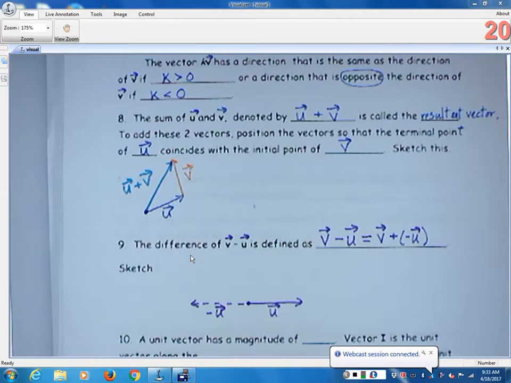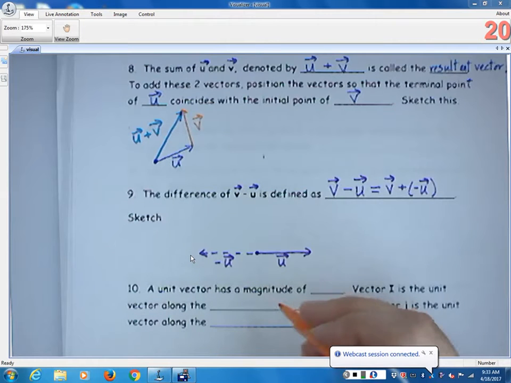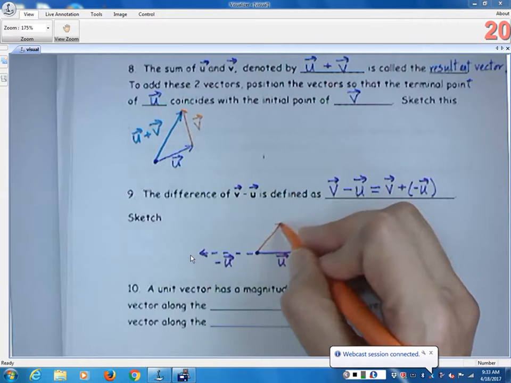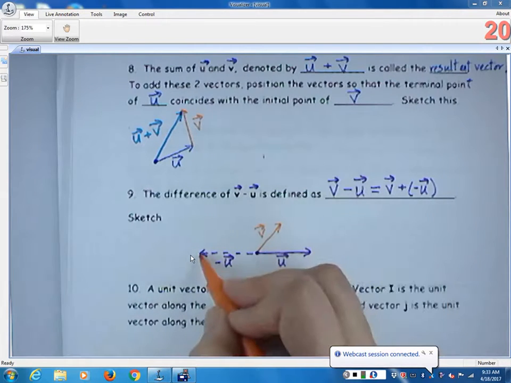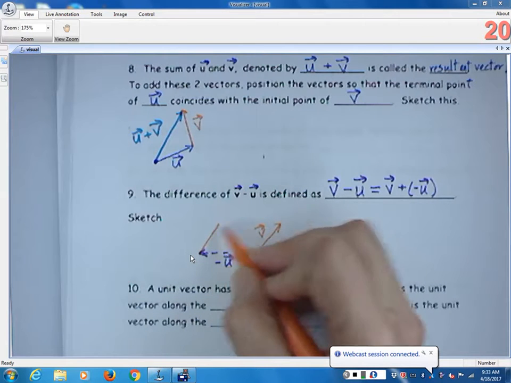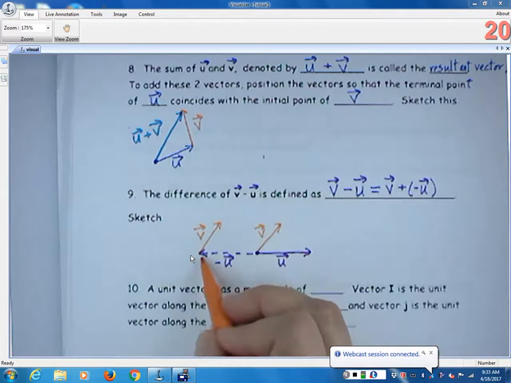If this is vector v, we have to put it over here instead. We have to put it at the terminal point of negative u.